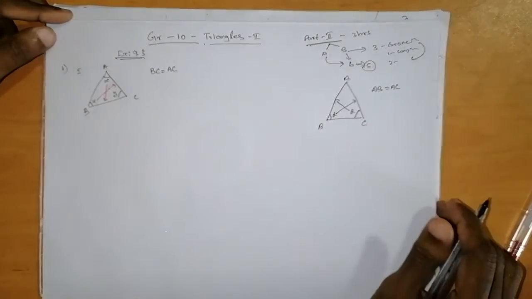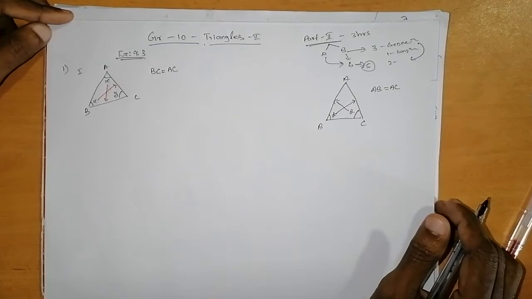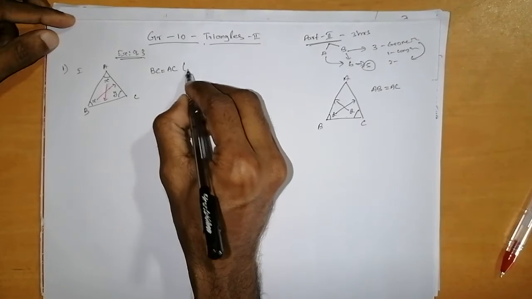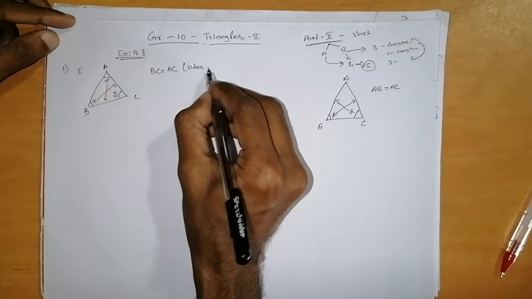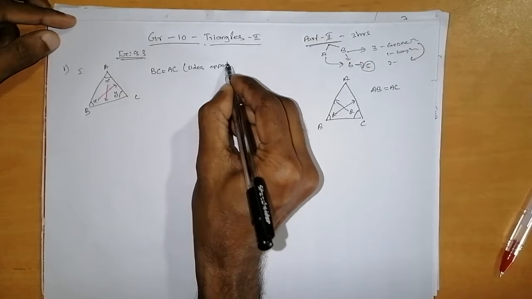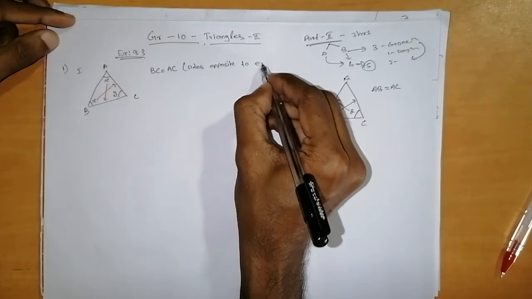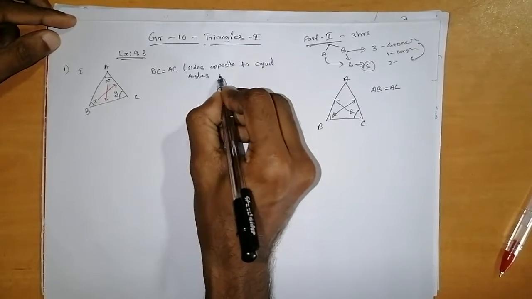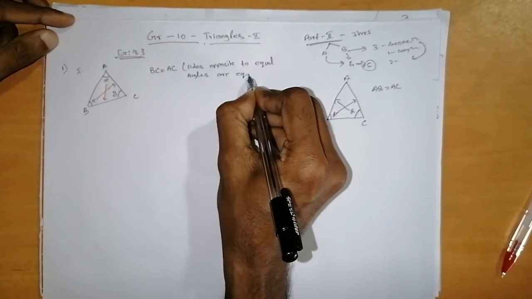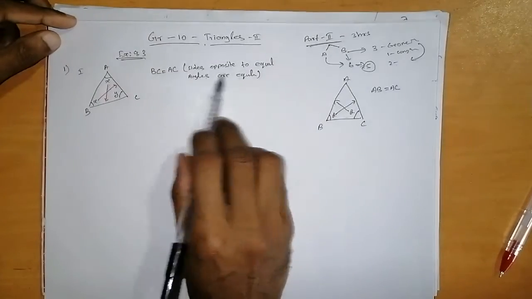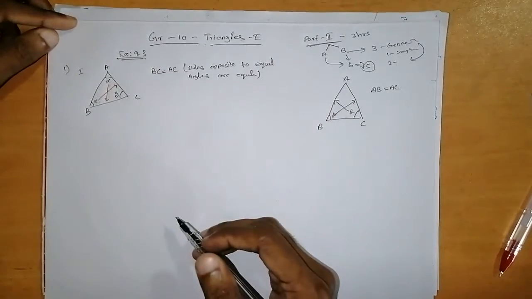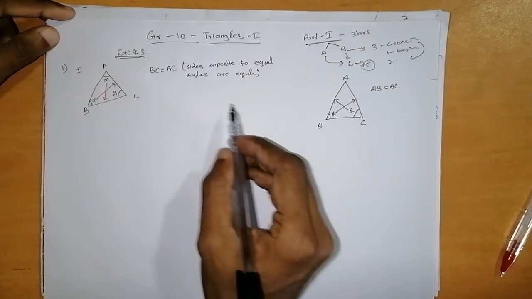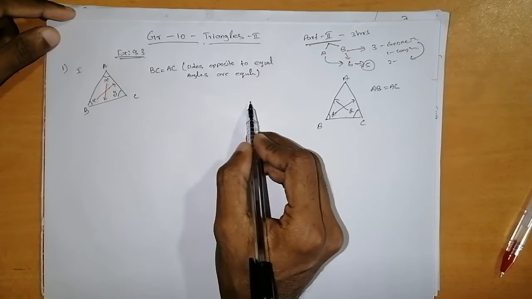So the theory is that the sides opposite to equal angles are equal. So BC equals AC. According to the theory, sides opposite to equal angles are equal. So I wrote it in full form. For the other questions I won't write it, but I remind you, in this place you need to write the theory in full form.